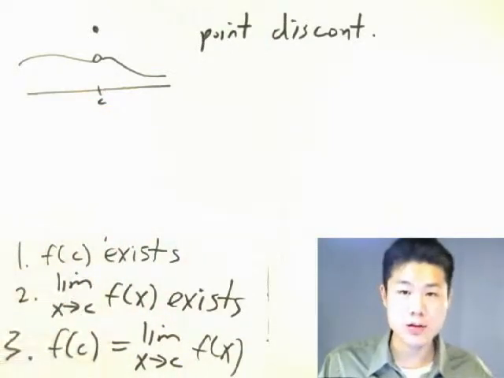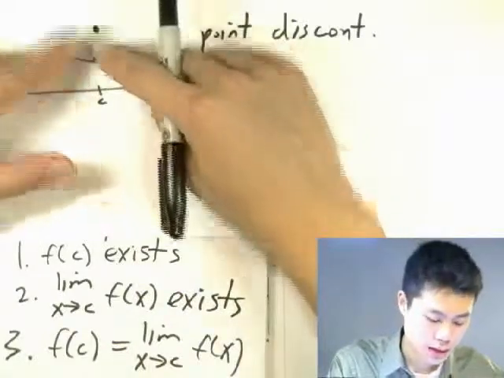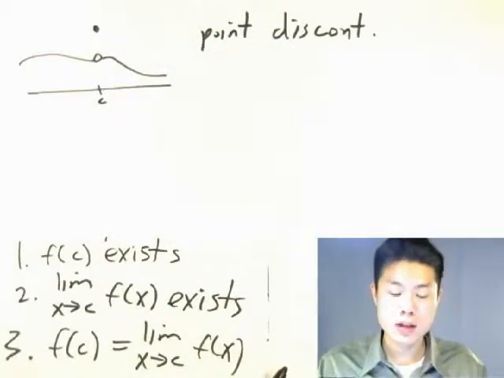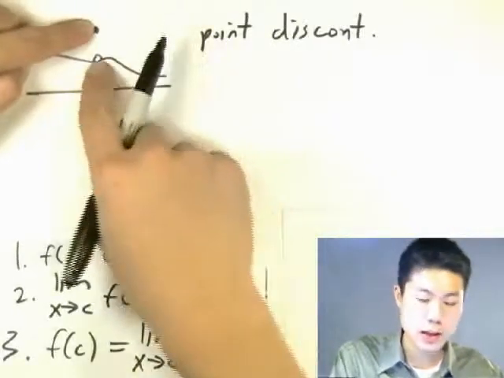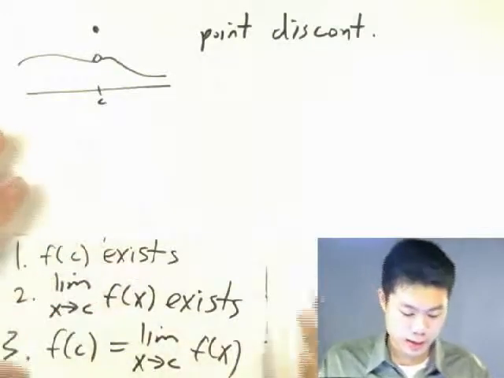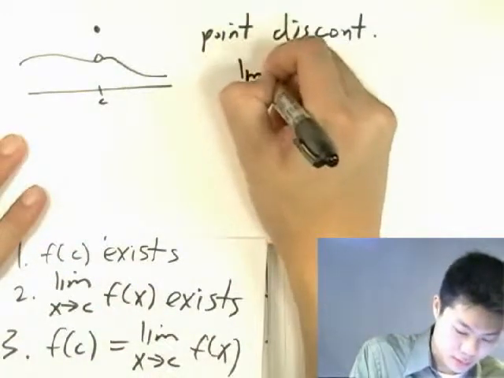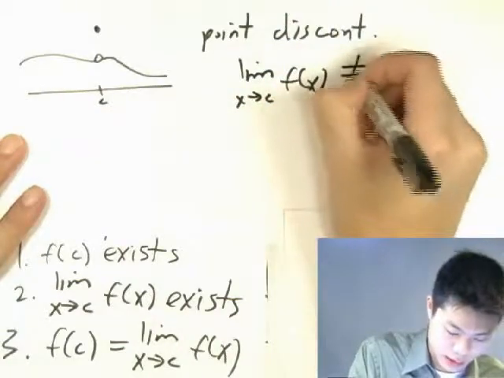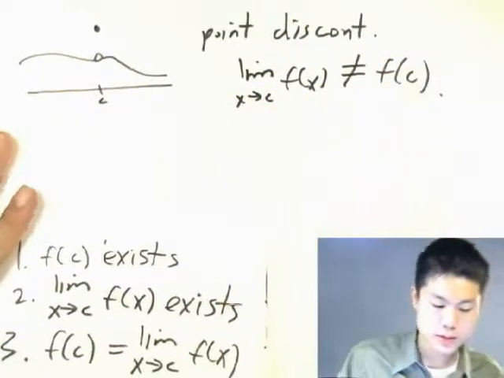We just care about what happens around x equals c. So yes. Third condition, does the limit equal the function? No, this is not equal to this thing here. So that's why it fails. The limit does not equal the function.